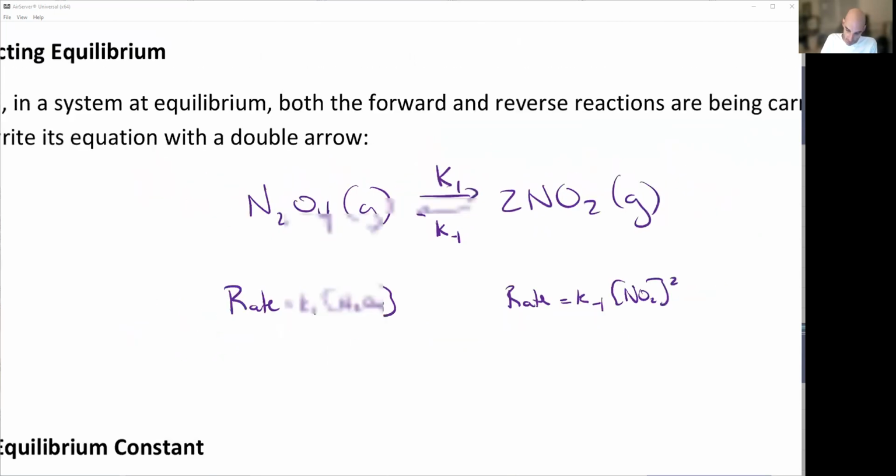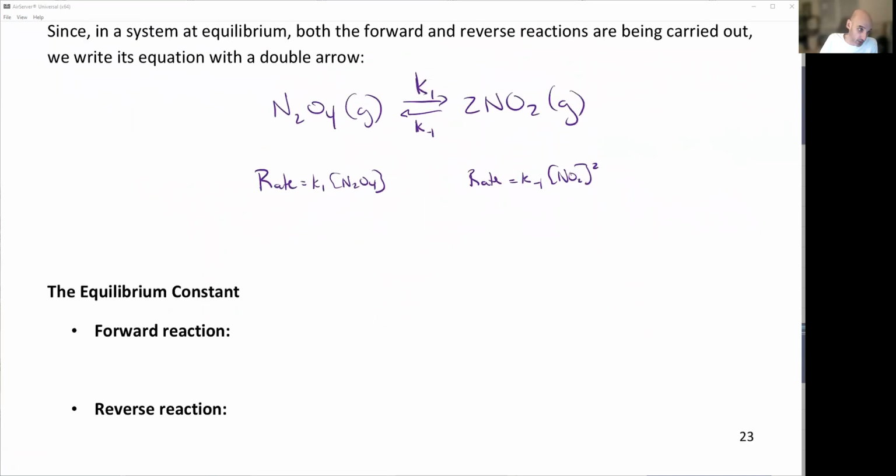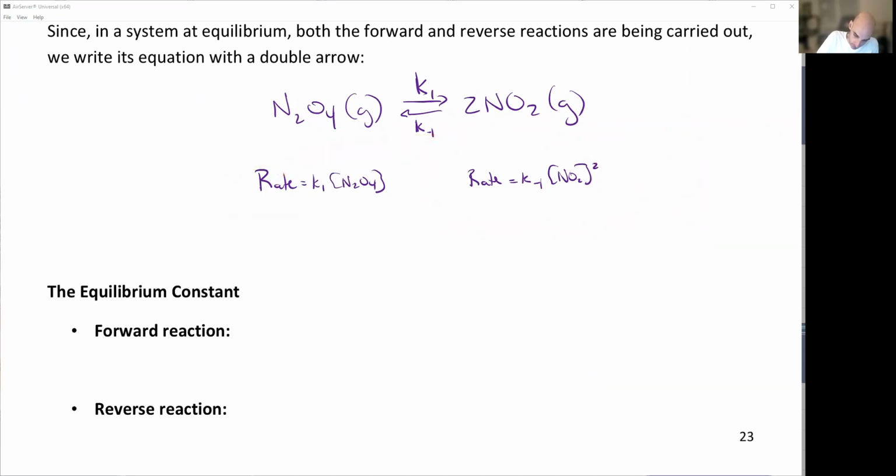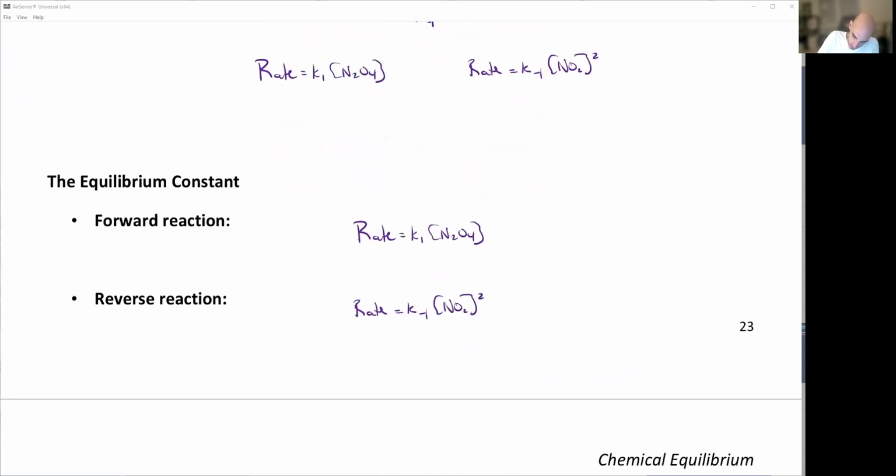Great. So what that means is if we look at the forward and reverse reaction, N2O4 as a gas is 2 NO2 as a gas. So we have these two equations, rate of the forward, rate of the reverse.